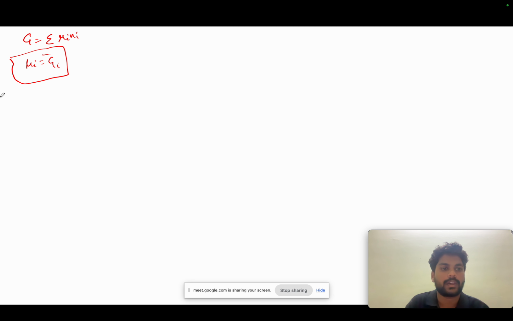So now let us take a two component system. Two components means we have two different types of liquids.